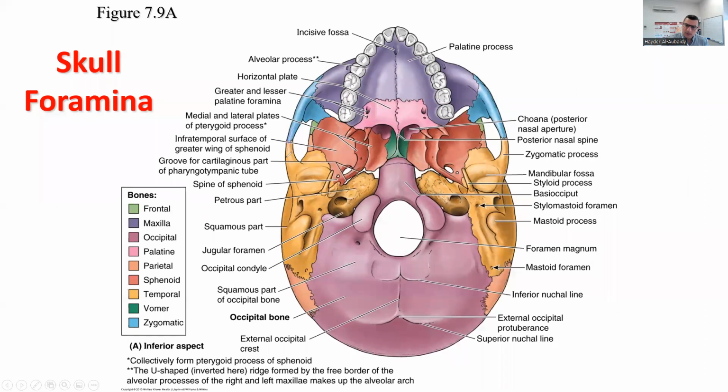See, this one. So above this level, this is space. So above this space, it's called the temporal fossa. Beneath it, it is considered to be the infratemporal fossa. Realistically, it's a continuous cavity, but anatomically, we split this cavity into two cavities, temporal versus infratemporal.